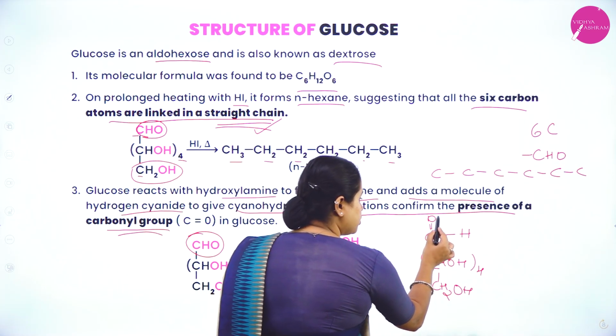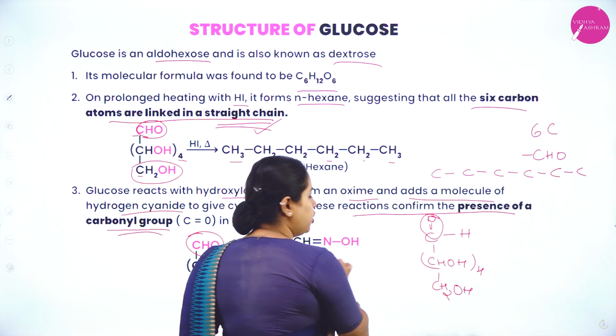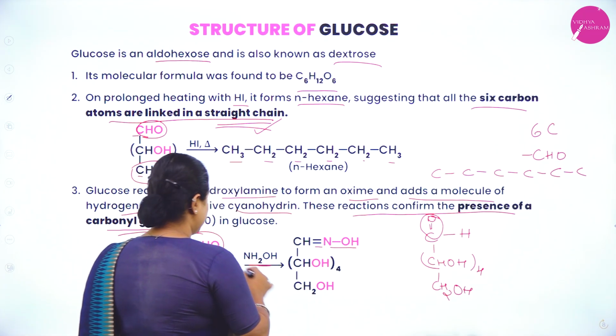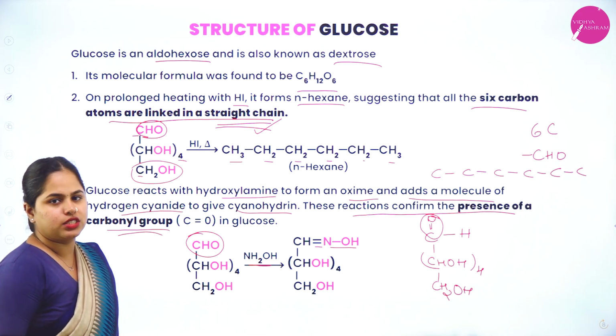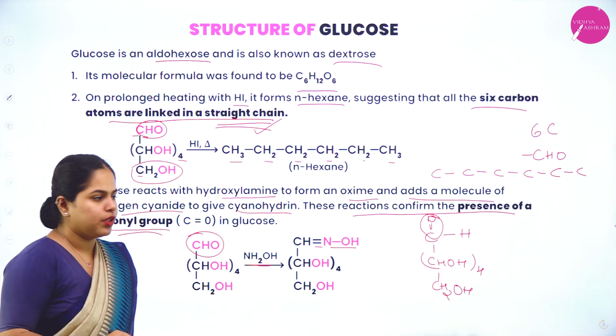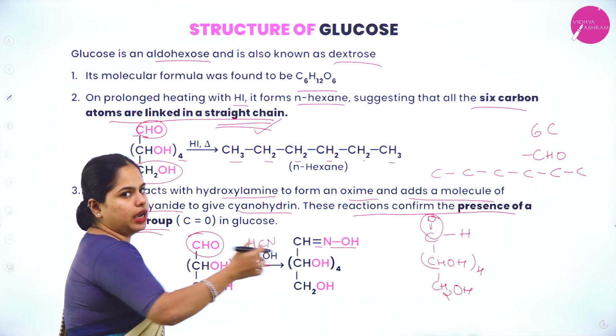That is because of the presence of this double bond O here. So instead of this oxygen, NOH will be substituted. This double bond will remain here, NOH will be substituted in place of the oxygen atom. So you are getting an oxime there. I hope it is clear. Same way, when it is going to react with HCN, you are going to get cyanohydrin.